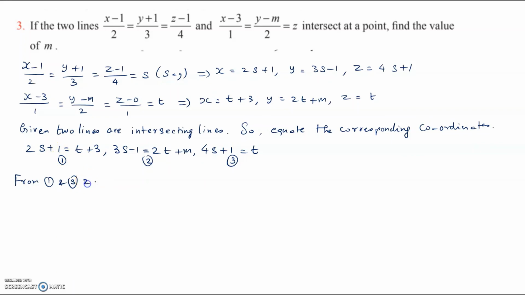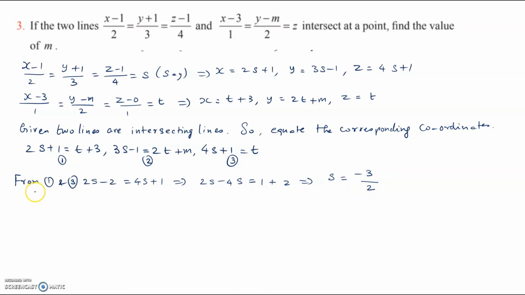So 2s minus 2 is equal to 4s plus 1, which gives 2s minus 4s is equal to 1 plus 2, which implies our s is equal to minus 3 by 2.